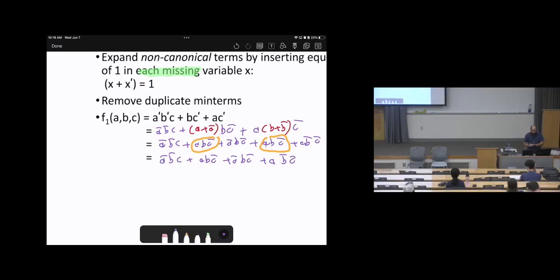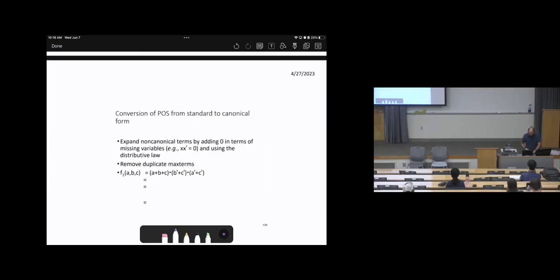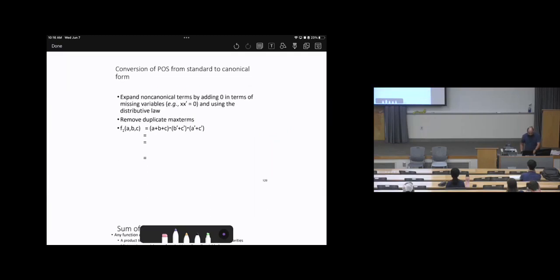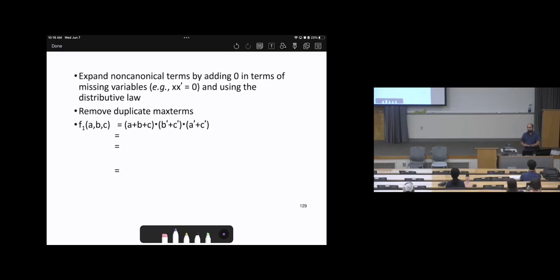Now, how about if we have this function as written in max terms? How can we make sure to look at the missing variables? So in summary, x times x bar equals 0. So we would say plus 0, this term plus 0. So how can we handle this?